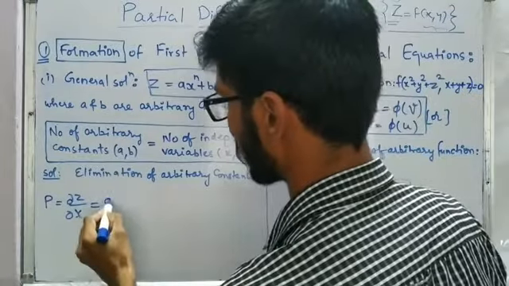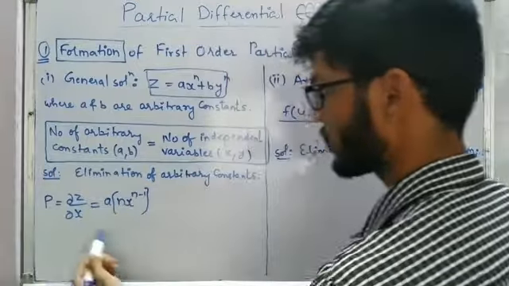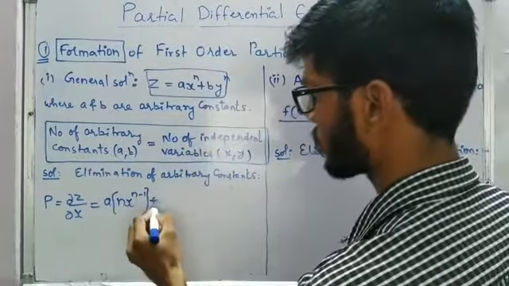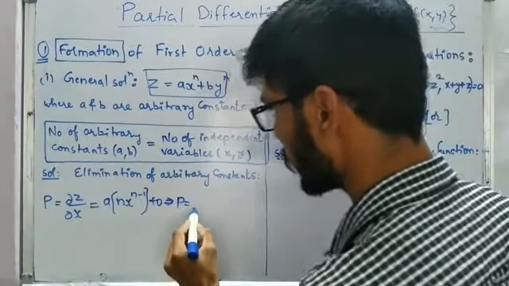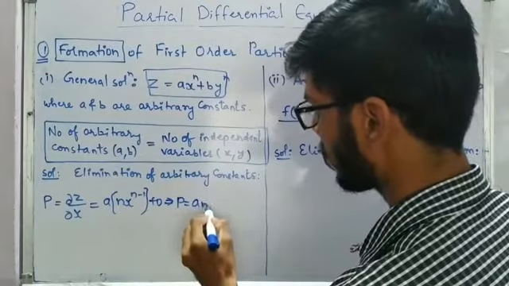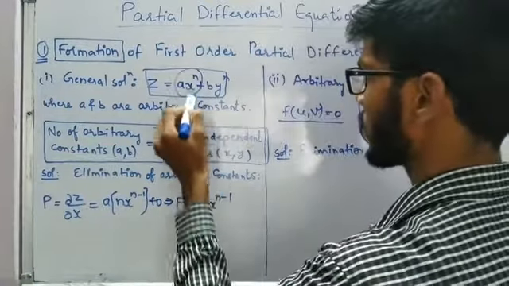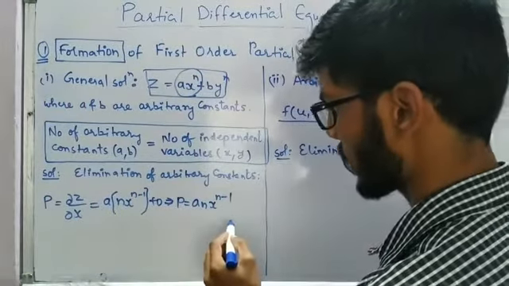It is going to be nothing but n into x power n minus 1, and as it is the partial differentiation of z with respect to x, this term is going to be 0. So we have p is equal to a n x power n minus 1. But we have to substitute a x power n back in terms of p. So we'll try to get a x power n.